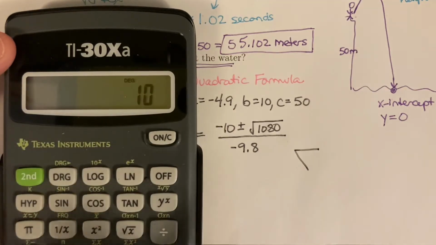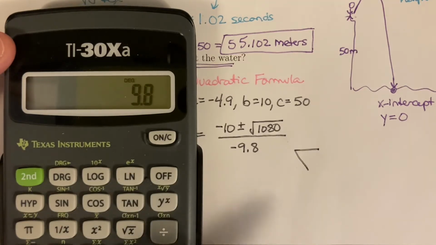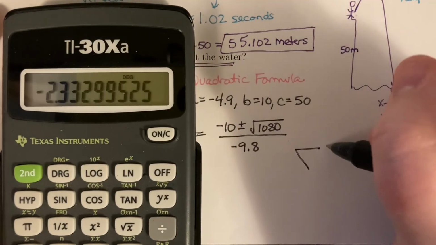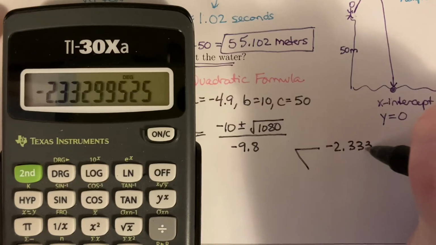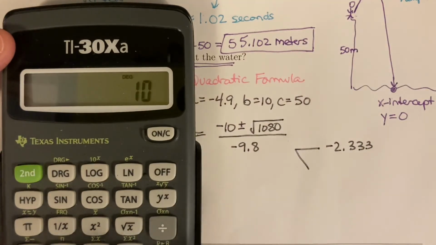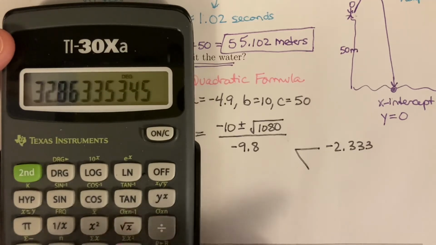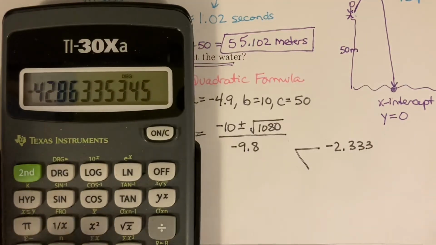So I'm just going to subtract 10, equals, divided by negative 9.8, equals, and I'm getting negative 2.333. Let's do the same thing. Negative 10 minus the square root of 1,080, equals, or put parentheses around the top, right?